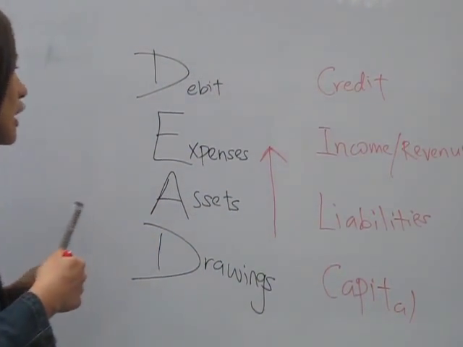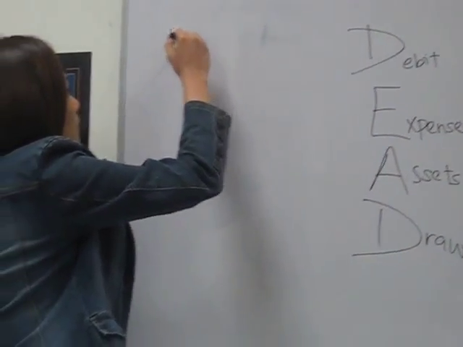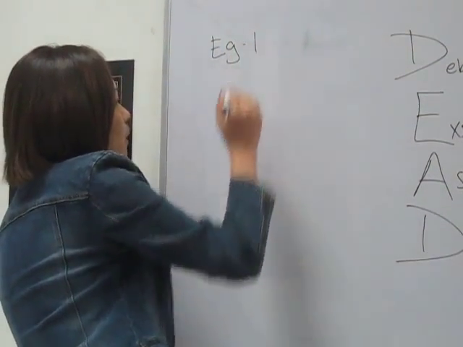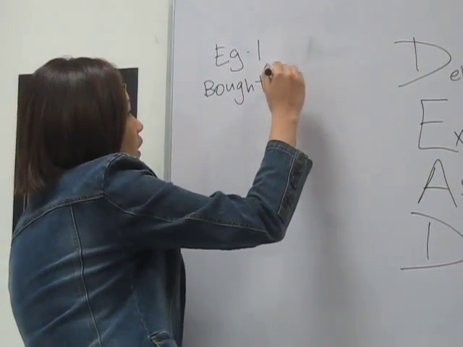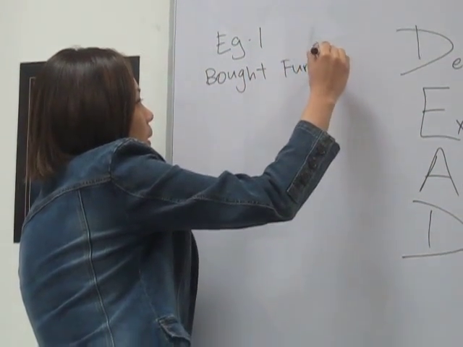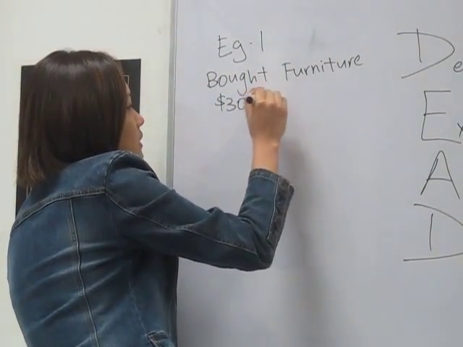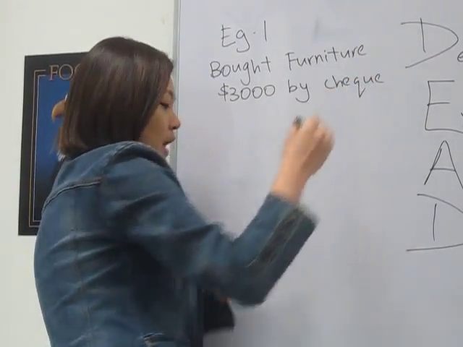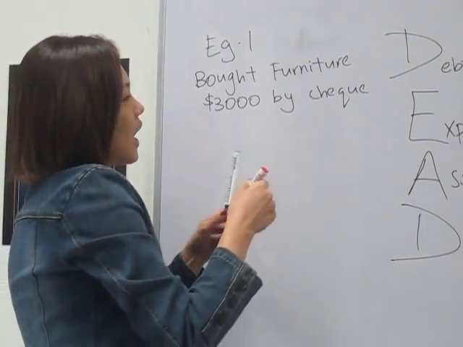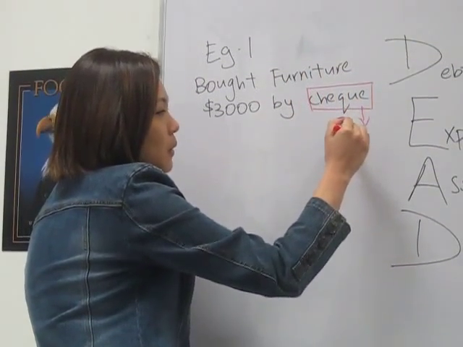A short illustration here. I'll give you an example. Example 1: Bought furniture $3,000 by check. Whenever we see the word check, it always refers to bank.